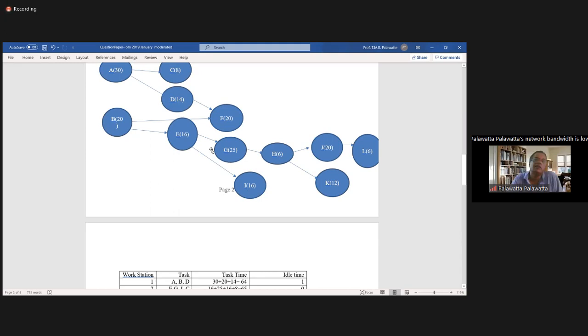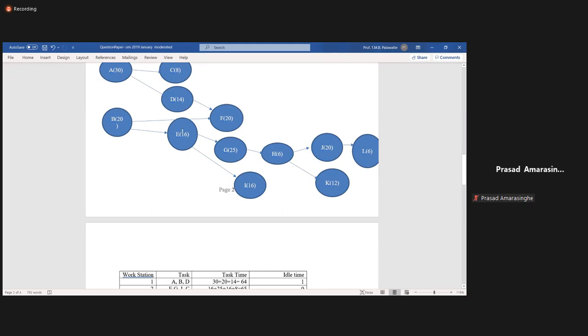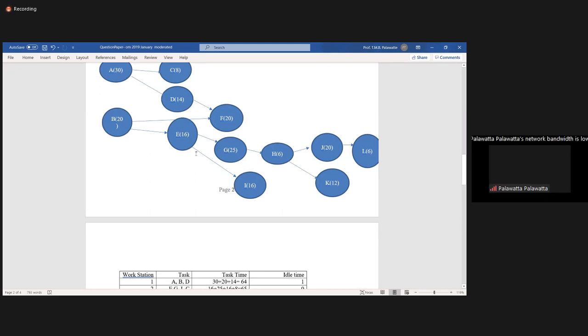Then I selected C, 65. That's why I discarded F, for the last workstation. So I have the second workstation without violating the precedence. The sequence of allocating tasks to workstation 2 is E, G, I, C.